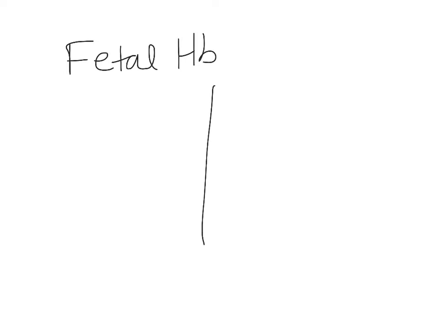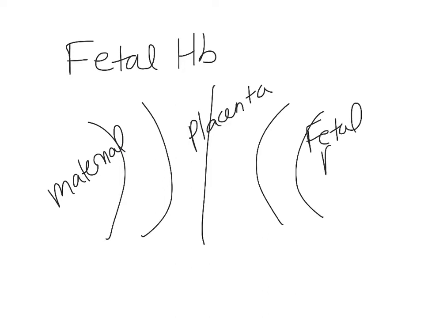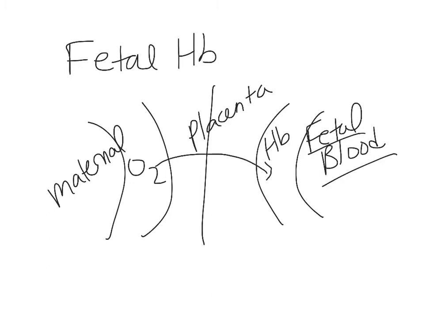So if this were the placenta here, and we had maternal blood on this side, and we had fetal blood on this side, the reason that the fetal hemoglobin has a higher affinity for oxygen is so that oxygen in mom's blood has a reason to go over to the baby's blood. The fetal hemoglobin just has a much higher affinity for that oxygen.